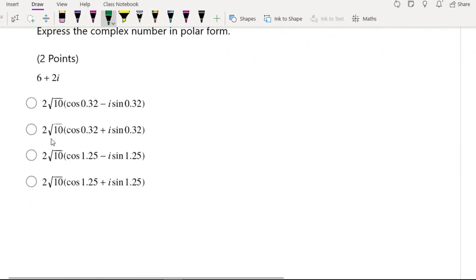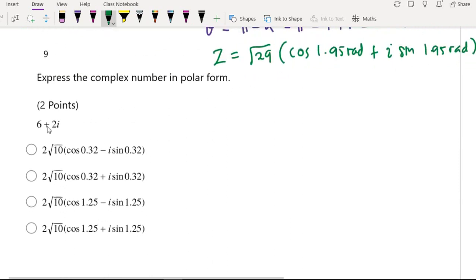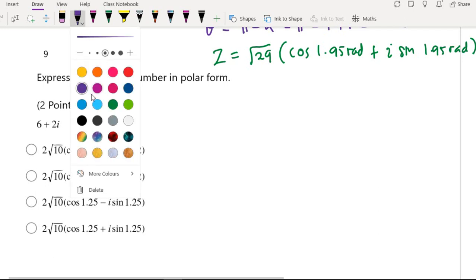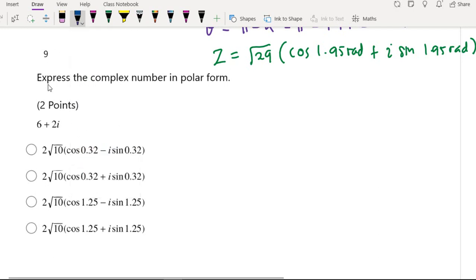For number 9, change this one to 2. Express the complex number in polar form. Same procedure as number 8, but the given is 6 plus 2i.